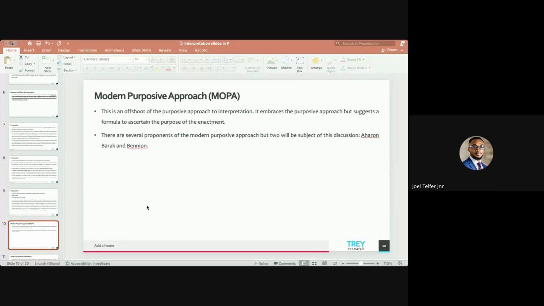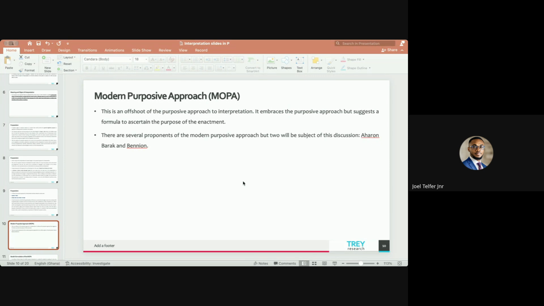It tells us, well, we need to look to the legislative antecedents, pre-parliamentary materials, explanatory memoranda, and the like. But how exactly we are supposed to go about that process of interpreting is not spelled out in the purposive approach. All the purposive approach provides is a framework, a guide.